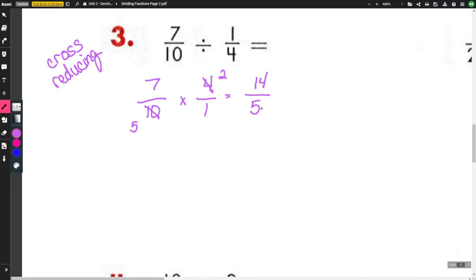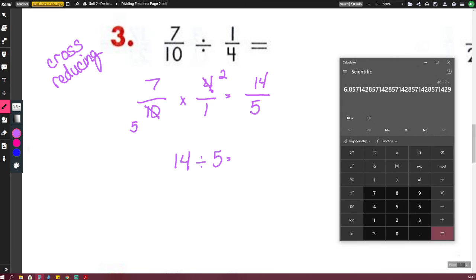14 is bigger than 5, so I have to see how many times 5 can go into 14. If I do 14 divided by 5 on my calculator, 2.8, I need to ignore the 0.8.